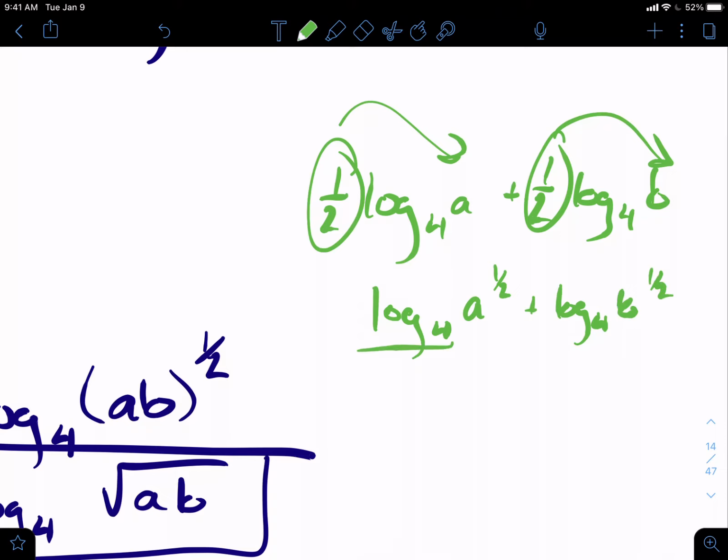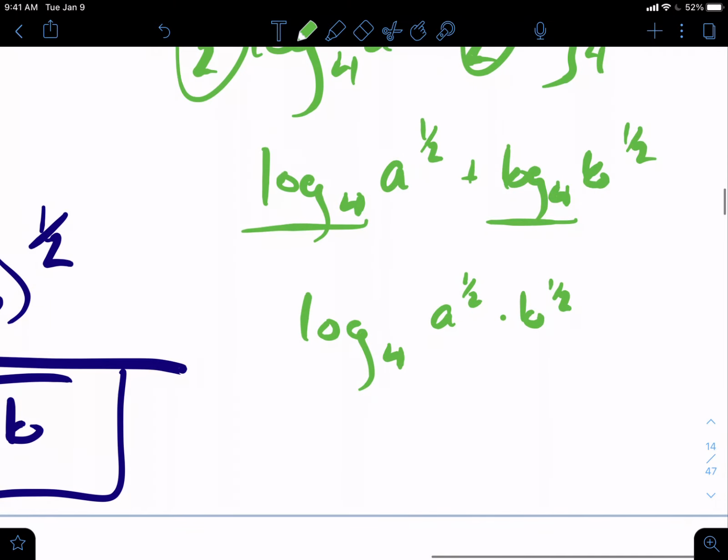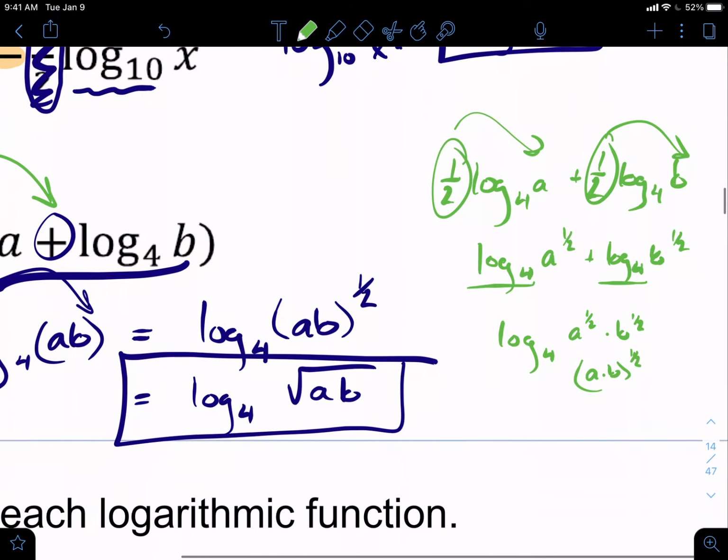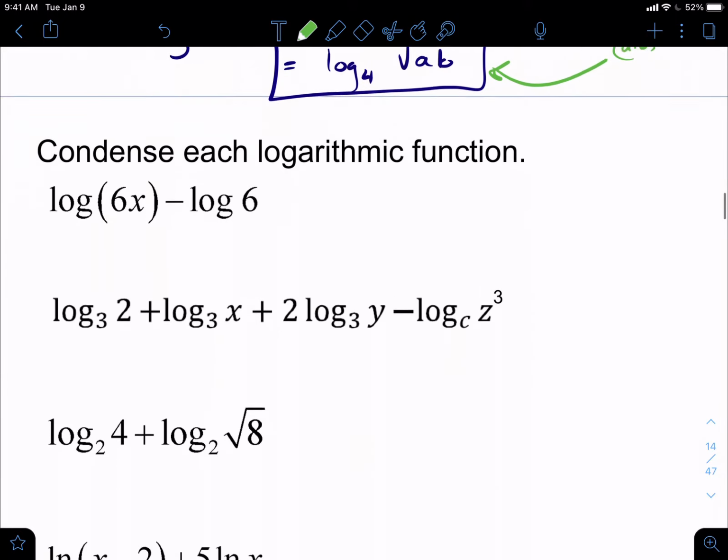Then you would have seen, hey, they have the same base, so we can put them together. So you would have had log base 4 of a to the 1/2 times b to the 1/2. And then since you realize they have the same power, you could rewrite it as a times b, both to the 1/2 power, and then head on over to the square root representation. So two ways to get to the same answer here.